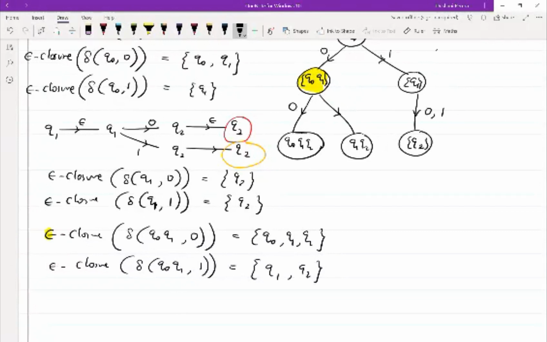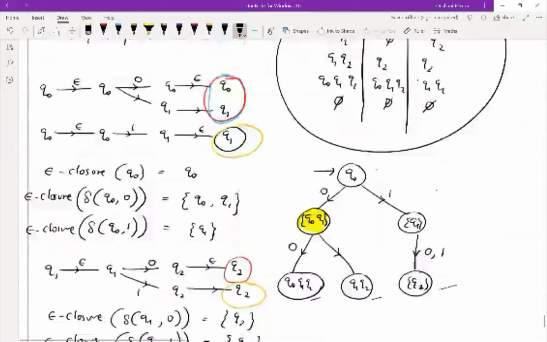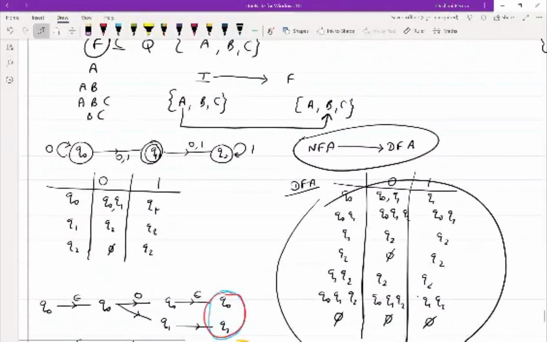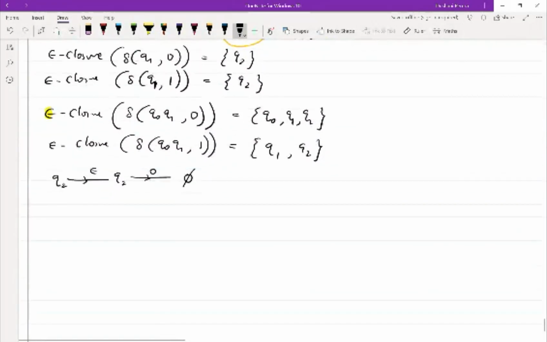Thereafter, who are the new states I got? New states are Q2, this and this. So I have to do the same thing for these. Let's do Q2 now. What is the epsilon closure of Q2? Q2 itself. On 0 it's not defined. What will happen if I give 1? I stay at Q2. What is the epsilon closure of Q2?